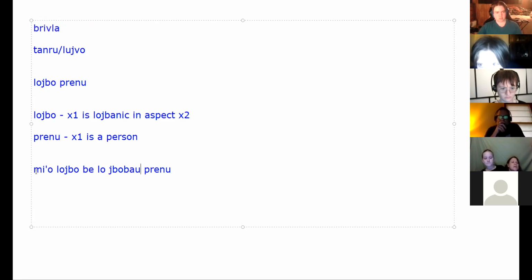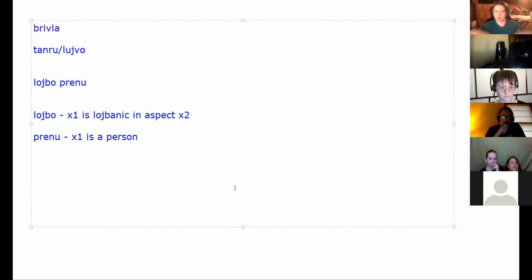So we are Lojban people in the Lojbanic sense, right? So you've got be lojbanbao attaching to the X2 place of lojbo, and then mi'o is attaching to the X1 place of prenu. This allows you to build a lot more complex stuff with these tanru.